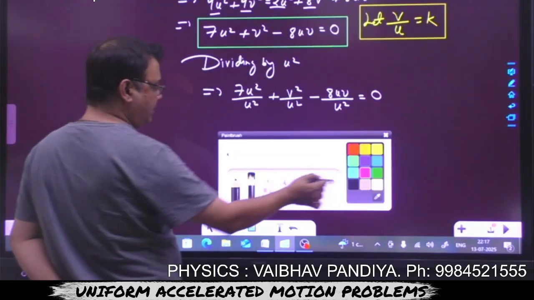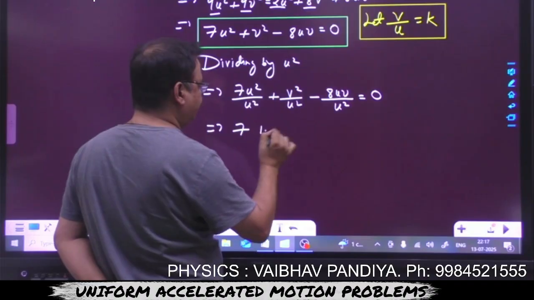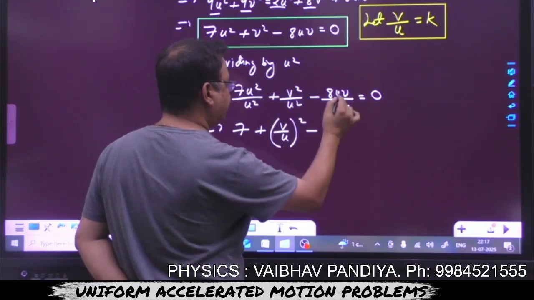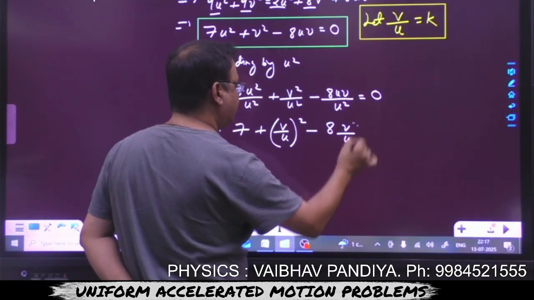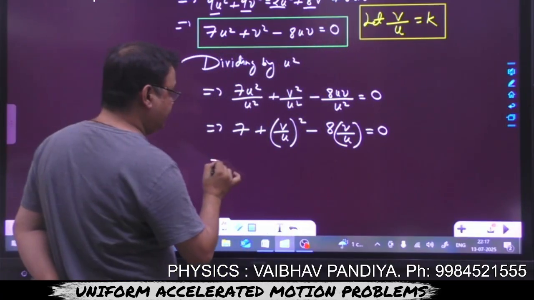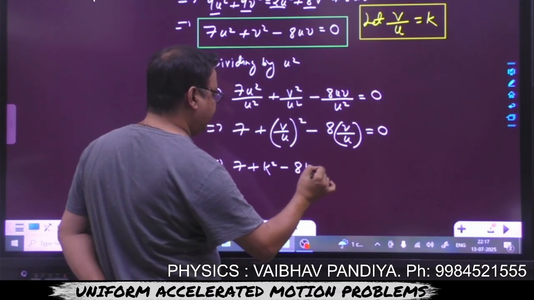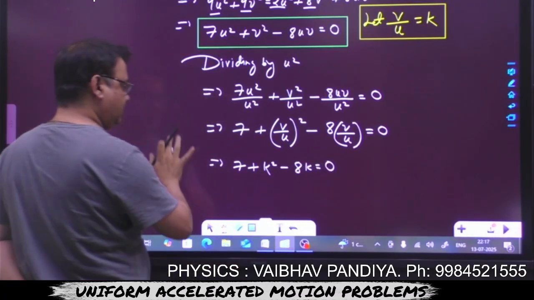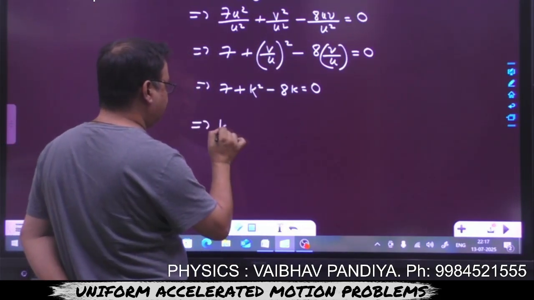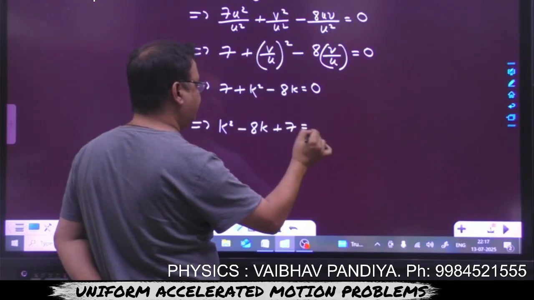U square by U square will be 1, so 7, plus V by U whole square, minus 8 times V by U is equal to 0, and V by U we have given the name k, so we'll get 7 plus k square minus 8k equal to 0, correct? So you will get a quadratic, k square minus 8k plus 7 is equal to 0.